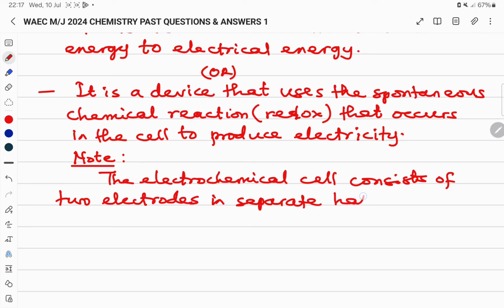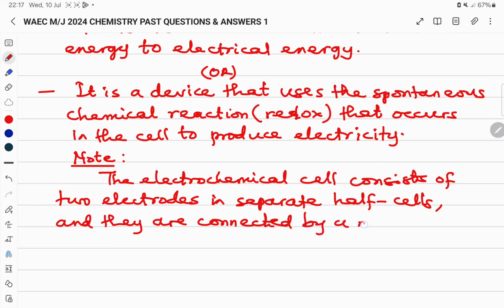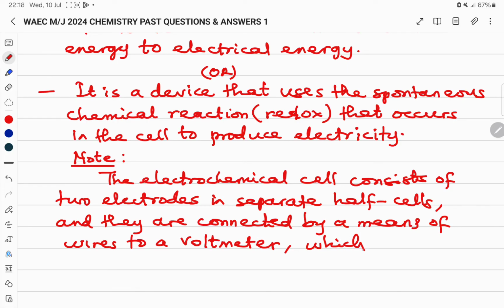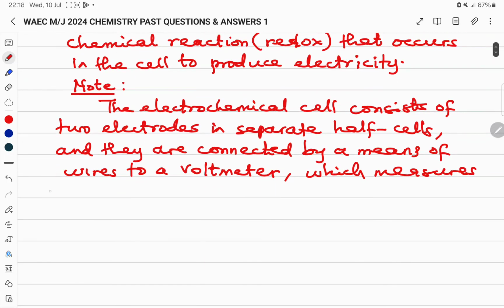And the electrodes, they are connected by means of wires to a voltmeter, and the voltmeter measures the potential difference between the electrodes.